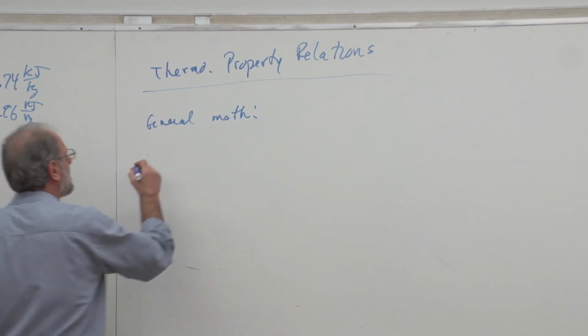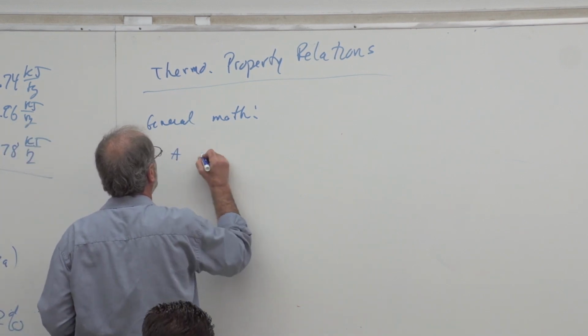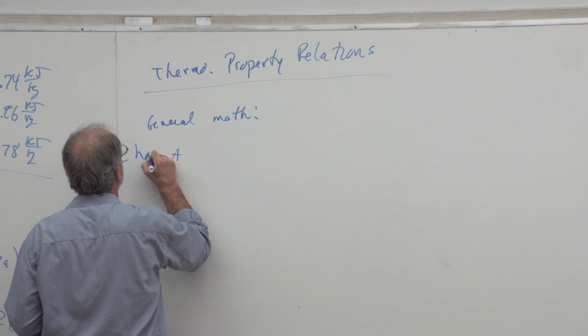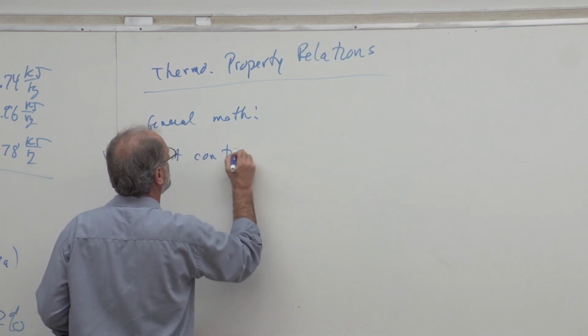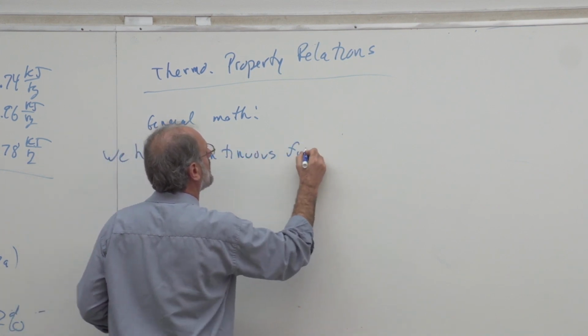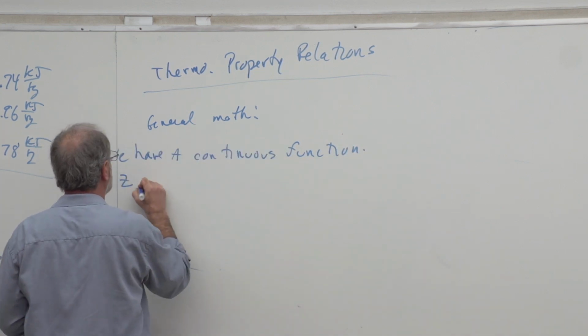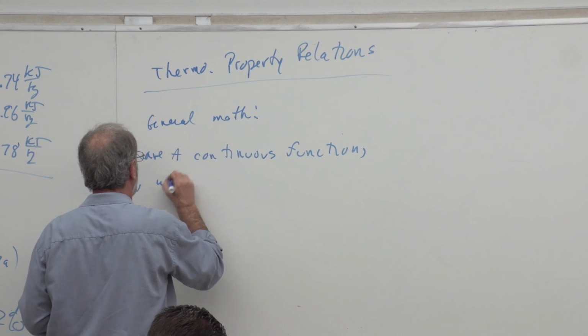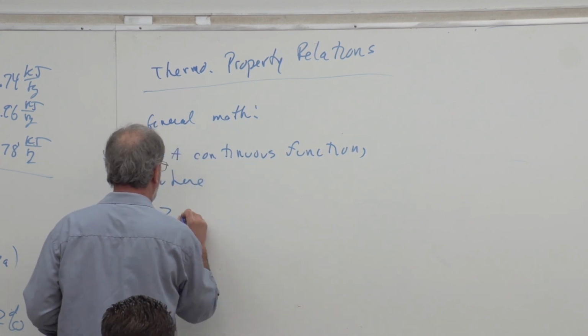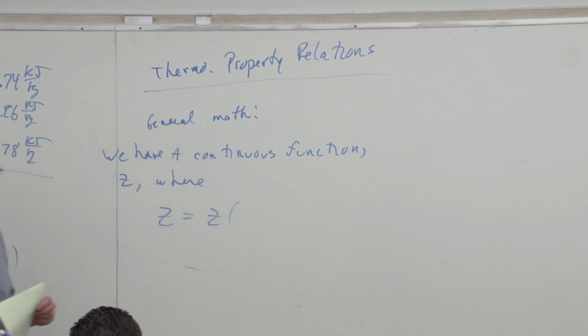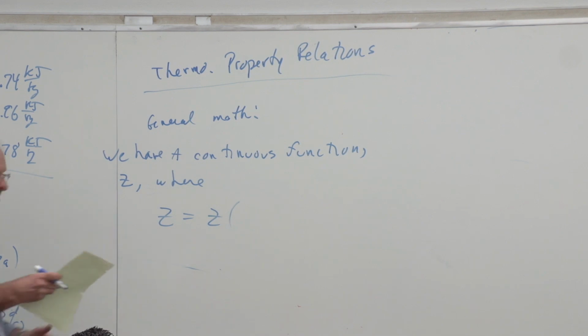Let's say we have a continuous function z, where z is actually going to be a function of two other variables. Let's just call them x and y.